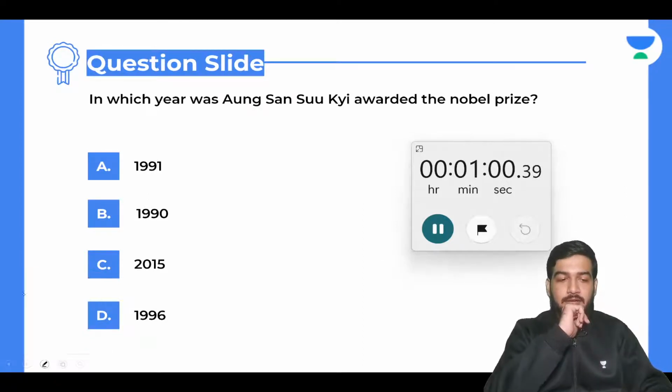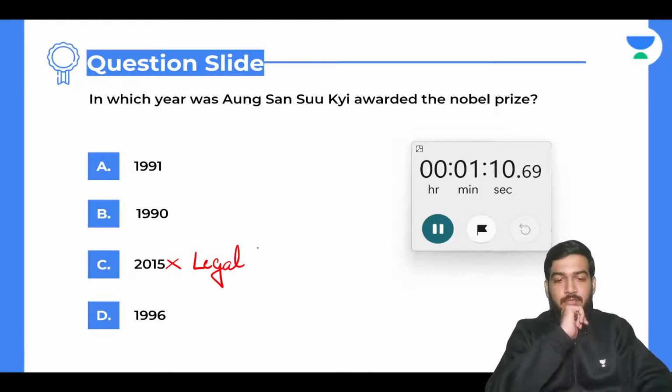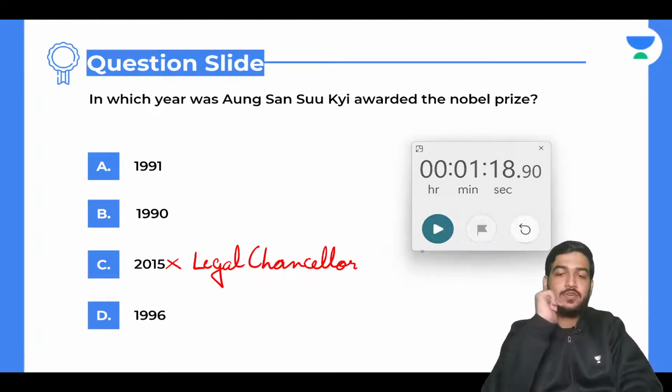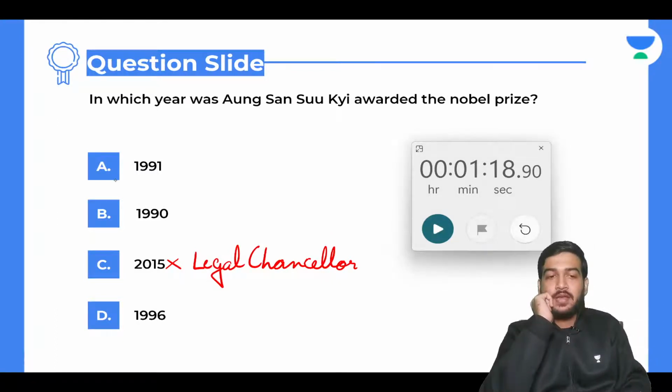I'll give a hint. 2015 is not the answer, because in 2015 she became the state counsellor of Myanmar. By this time, democracy was back in Myanmar, and now it has been taken back again.